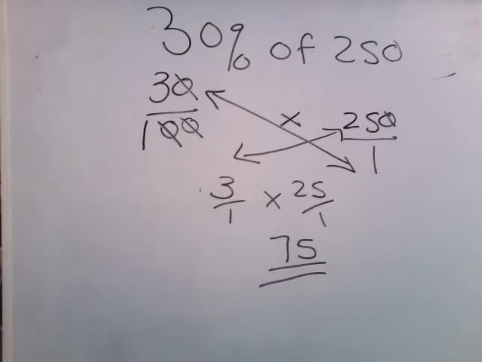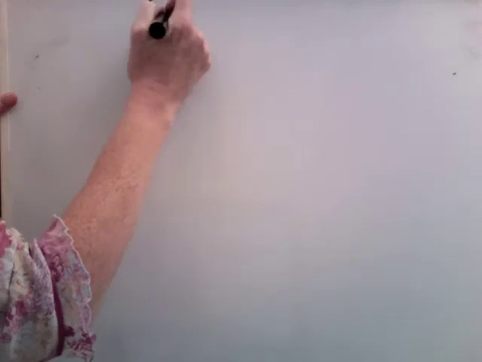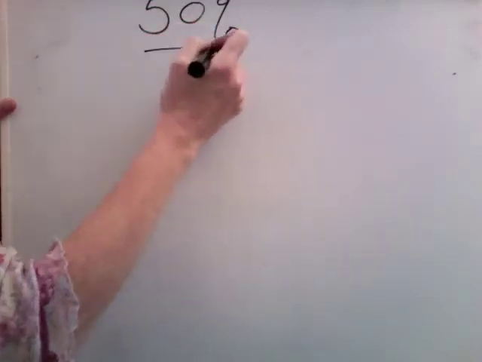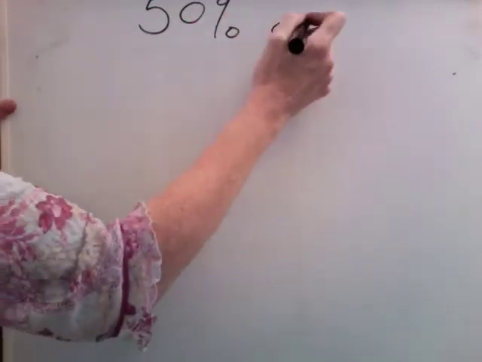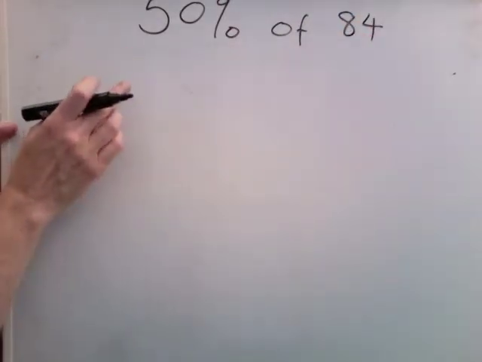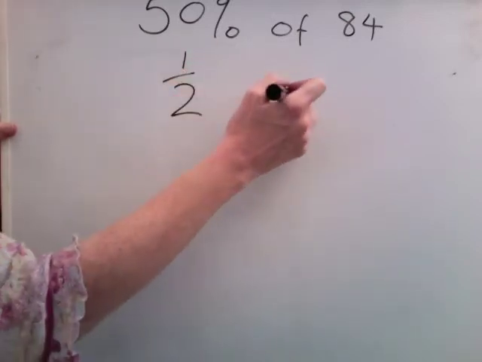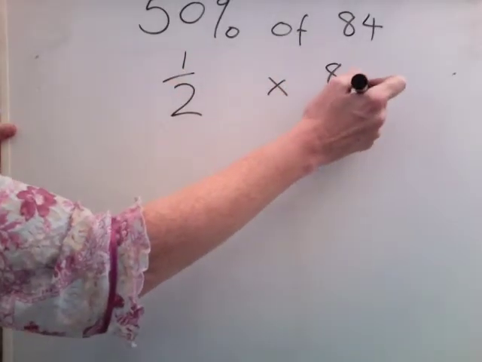Let's try the next one, 50% of 84. Well, you probably know that 50% is half, so we'll go straight for that. Half times 84 over 1.